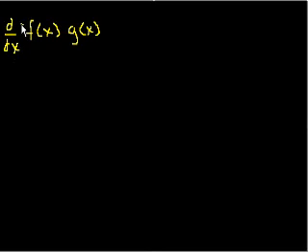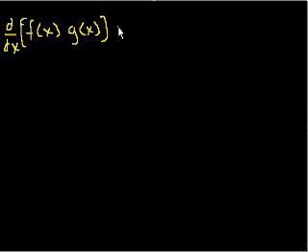So let's say I had two functions. Let's say f of x times g of x. And I wanted to take the derivative of this. So I take the derivative of f of x times g of x.